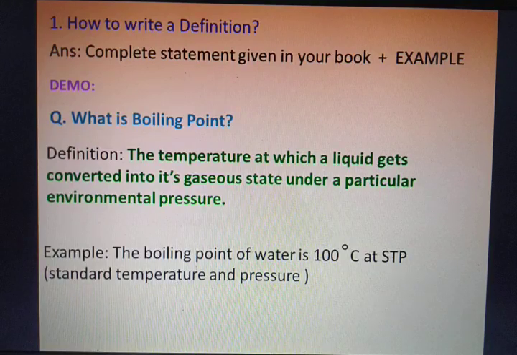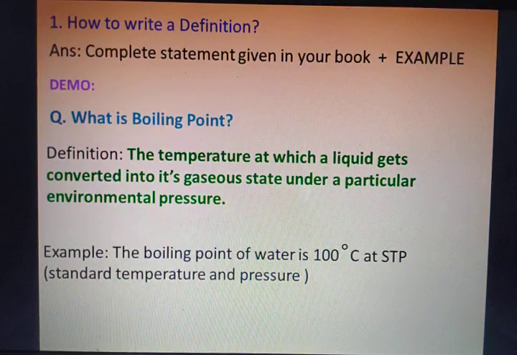My advantage is that I can use this word STP in my future answers, with the condition that it's already mentioned, because I've already stated that STP stands for standard temperature and pressure.